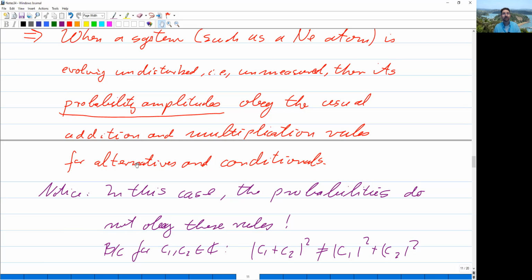As long as things are behaving quantum mechanically, which is to say undisturbed, according to just unitary time evolution, the probability rules are obeyed, but by the probability amplitudes, and not the probabilities. And then, as soon as you observe things, the observed things will, of course, obey the ordinary rules of probability.